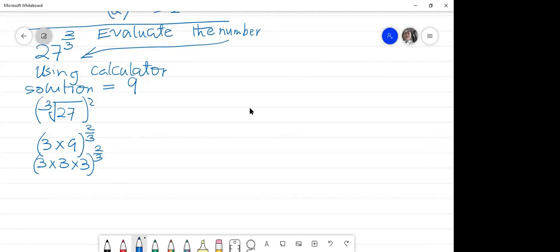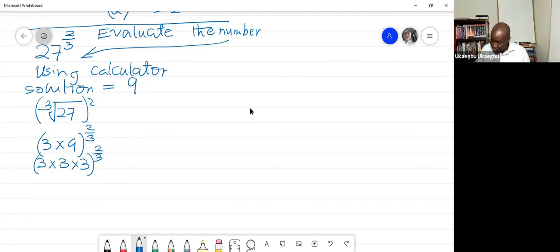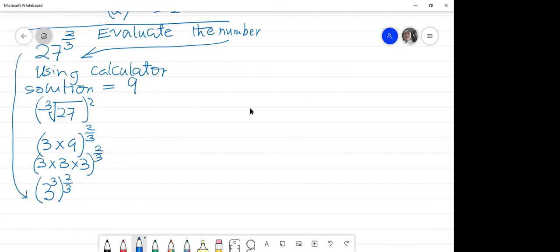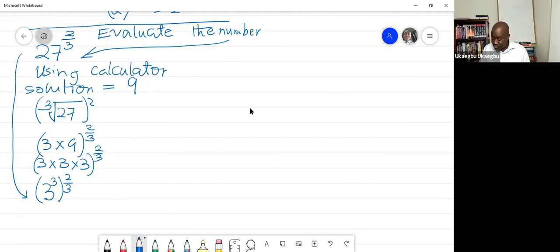So can we now write 3 raised to power 3, which is 27, then raised to power 2/3? Is it not the same number that we had originally? Yes. Okay, so all we need to do at this point is take the exponent side of it, which can be written as 3 multiplied by 2/3.